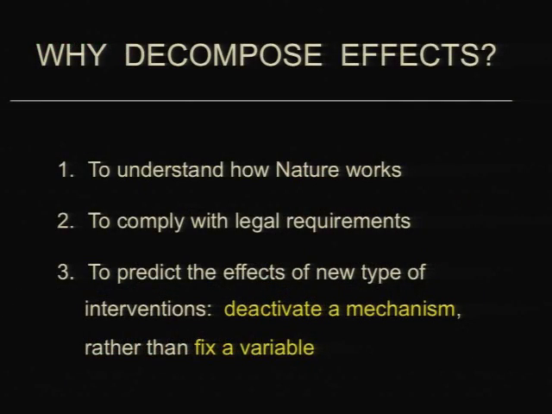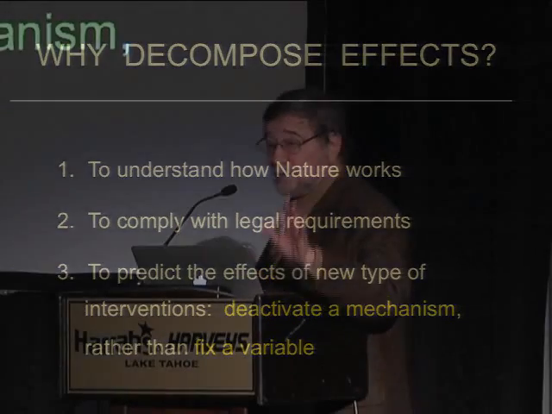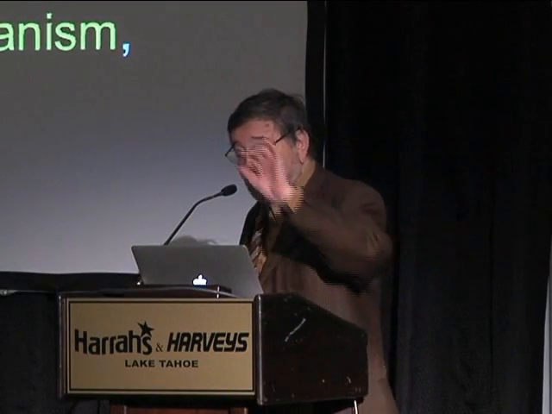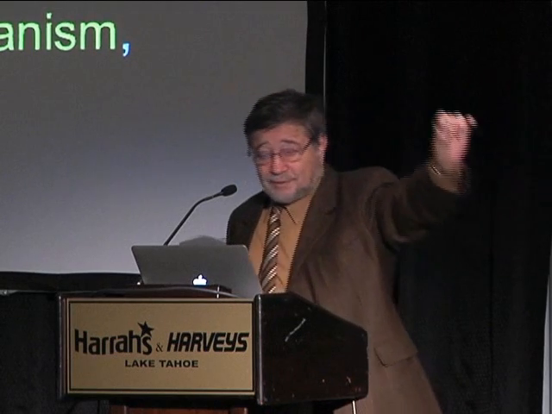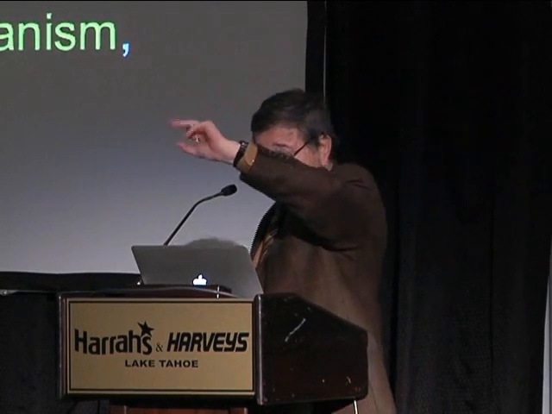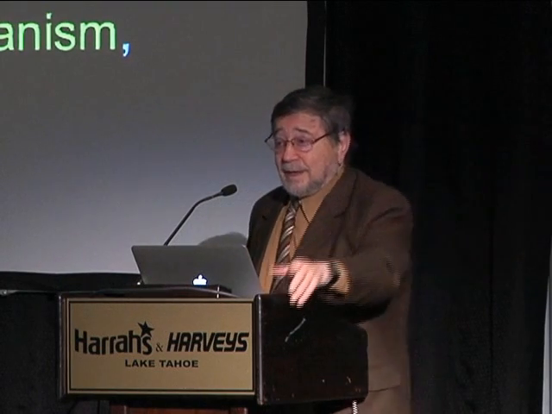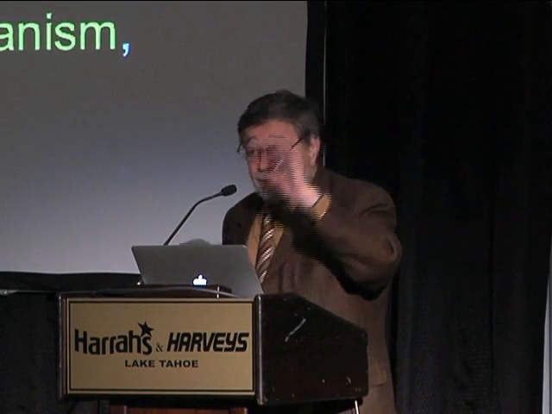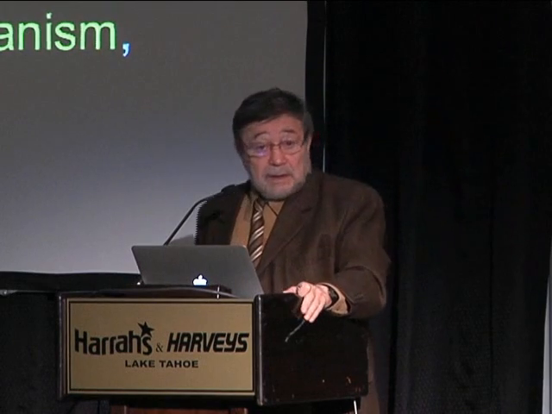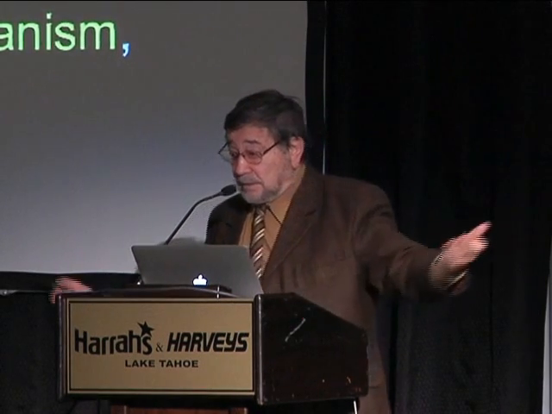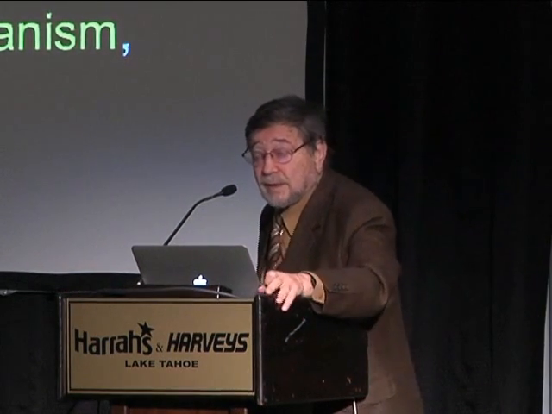The answer to the first question is that we want to understand how nature works. If you have a direct effect between a certain genetic marker and the outcome, that makes a whole difference in your theory about how nature works.